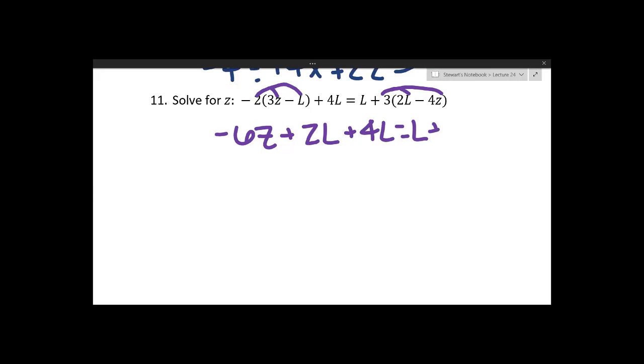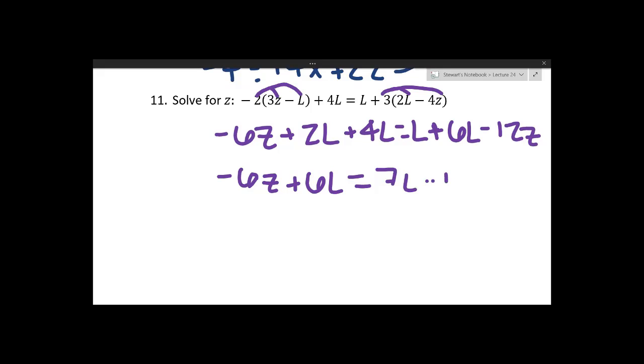I'm sorry, yeah, 3 times 2L is 6L. And 3 times negative 4z is negative 12z. Now we can work on combining like terms. So we have negative 6z, 2L plus 4L would be plus 6L. And then we have 1L plus 6L, which would give us 7L minus 12z.